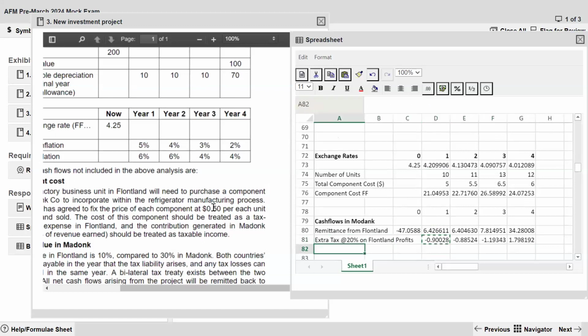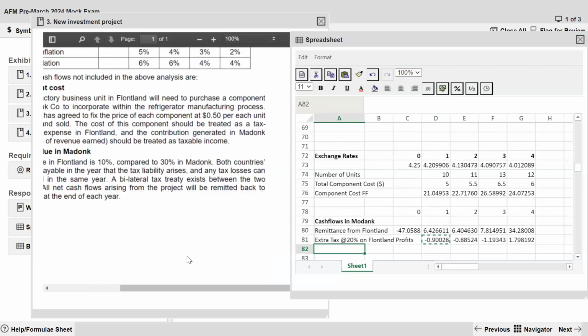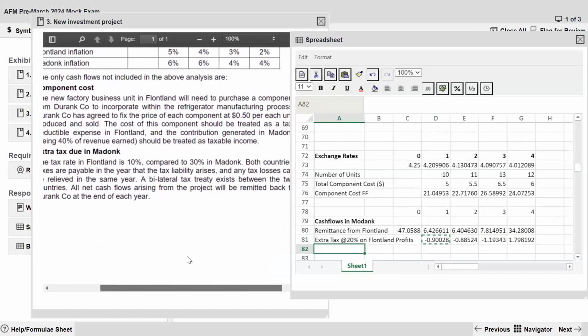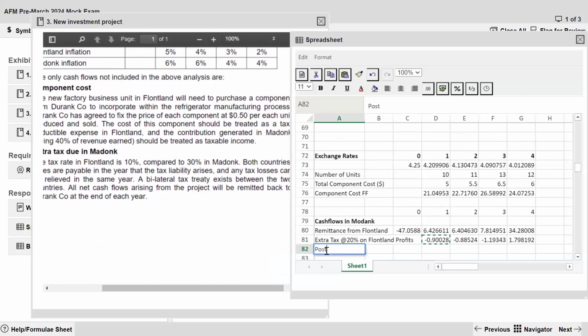Now, post-tax contribution from component sold.